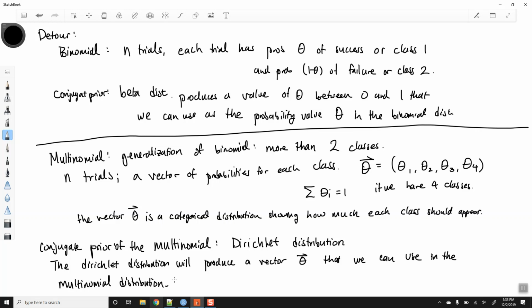And the length of theta depends on how many categories exist in the multinomial distribution, or whatever it is.